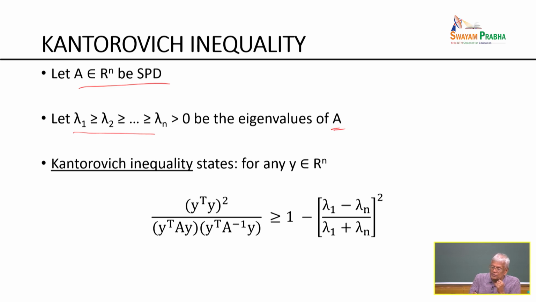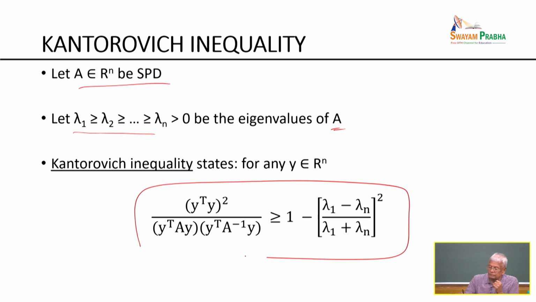He proved a very general result like this. If A is a matrix, if lambda 1, lambda 2, lambda n are constants greater than or equal to 0, the Kantorovich inequality says for any vector y in Rn, y transpose y whole square divided by y transpose A y times y transpose A inverse y is greater than or equal to 1 minus lambda 1 minus lambda n divided by lambda 1 plus lambda n.